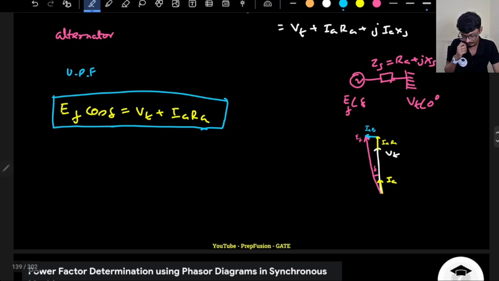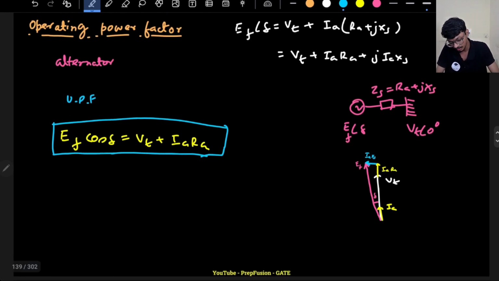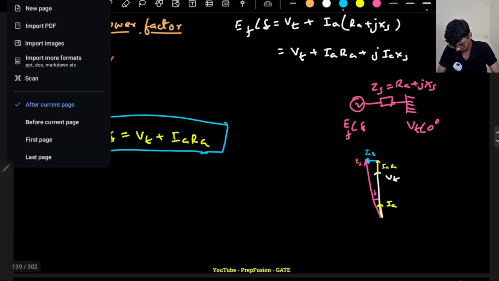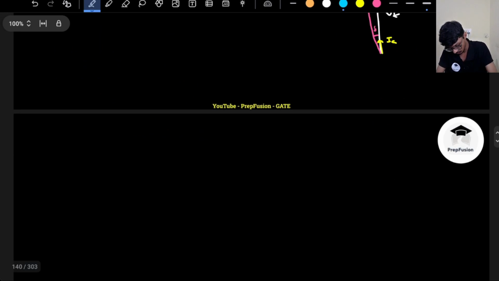Let me draw the phasor diagram for a lagging load, lagging power factor.